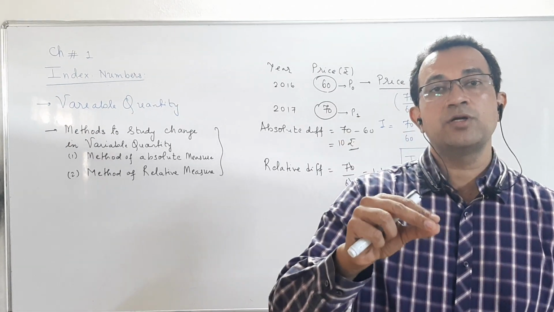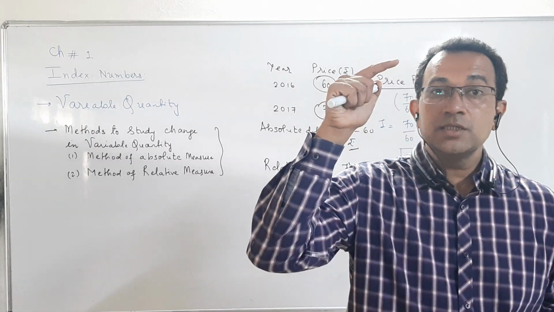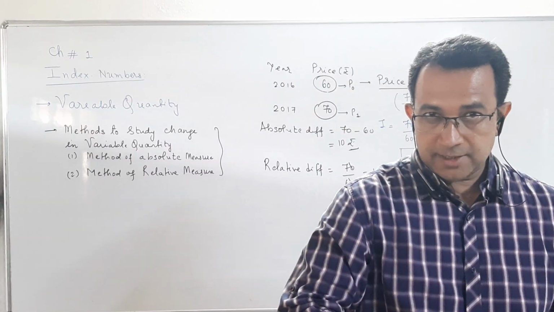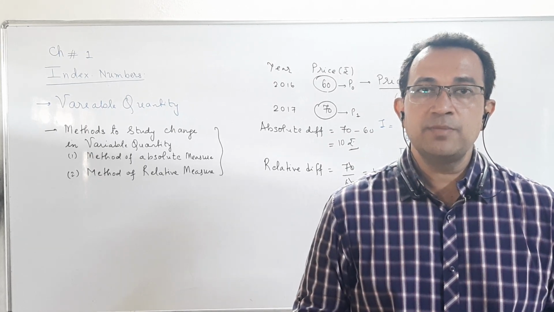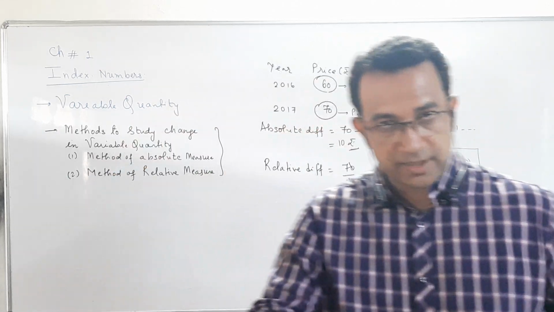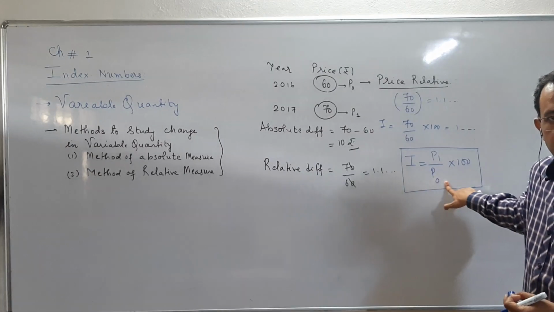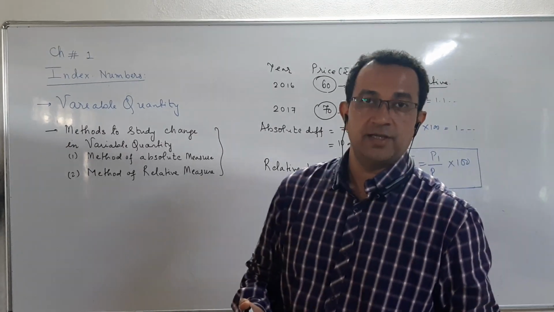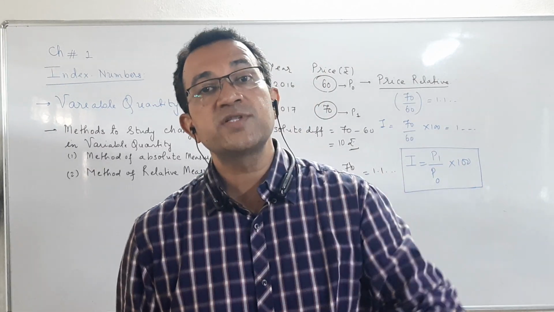So our variable quantity, suppose we say price. For the current year, the percentage relative change in the value of the variable quantity associated with an item for a given period, compared to its value in a fixed period. So I am comparing the price of 17 to the price of 16.